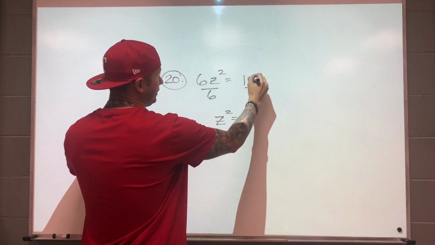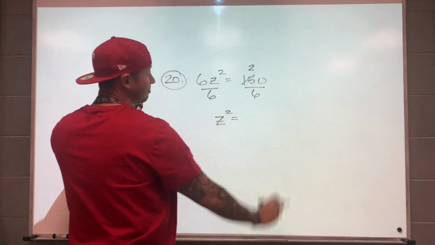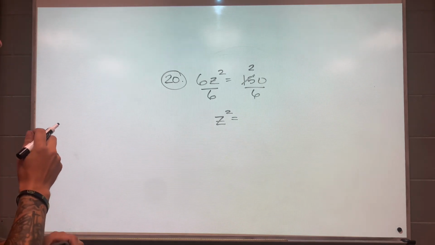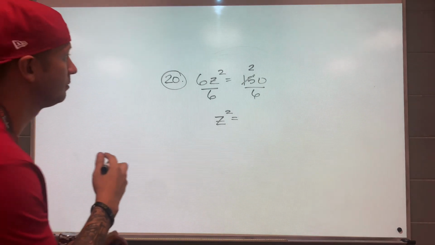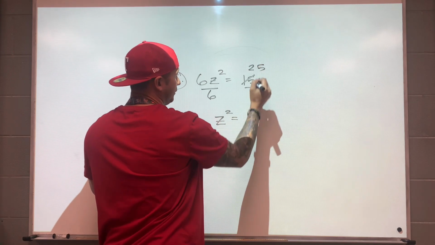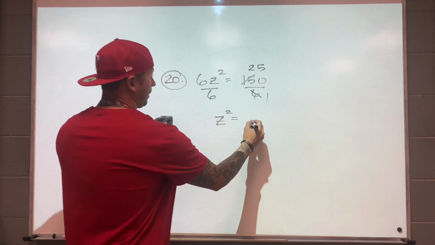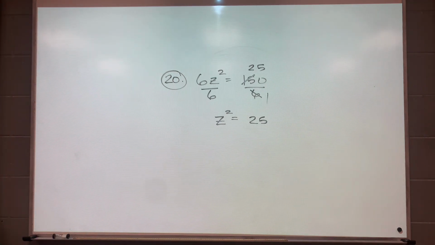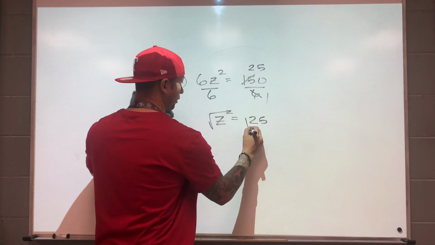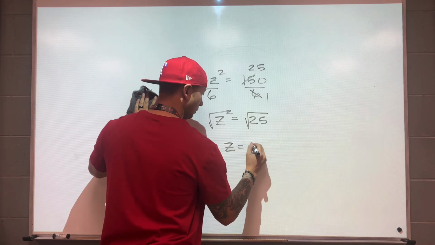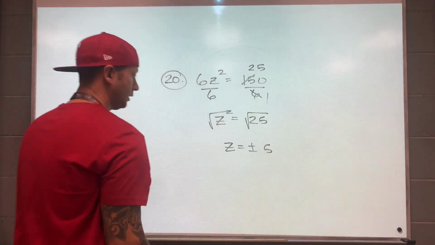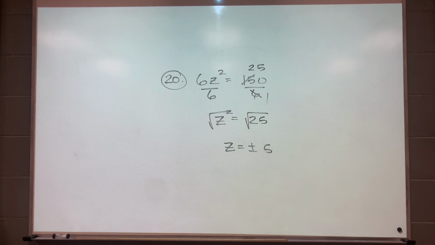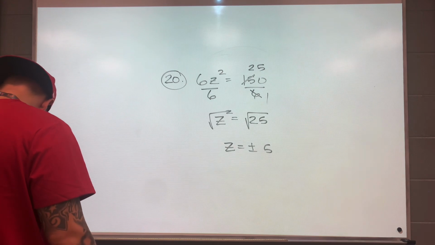Well, 6 goes into 15 twice. 12, 3 left over, 30, so 5, 25. Going to square root of both sides. Perfect square. So z is equal to plus or minus 5. I'm going to run out of time.